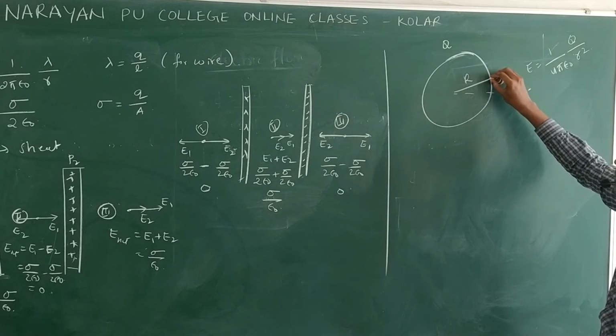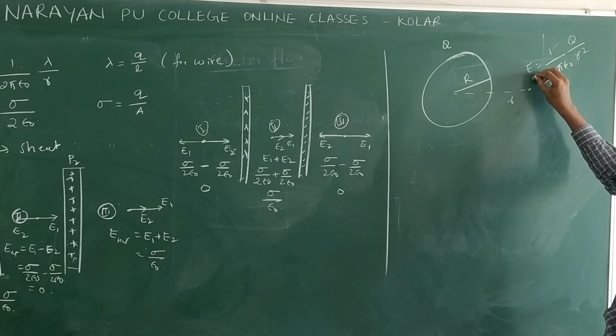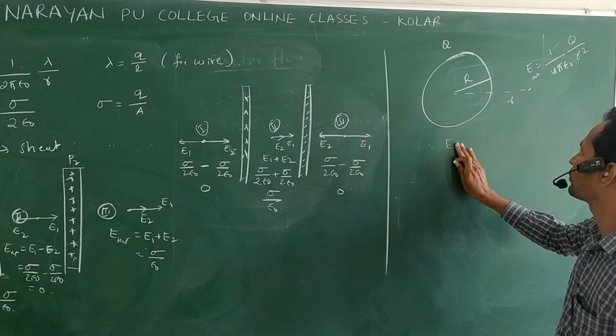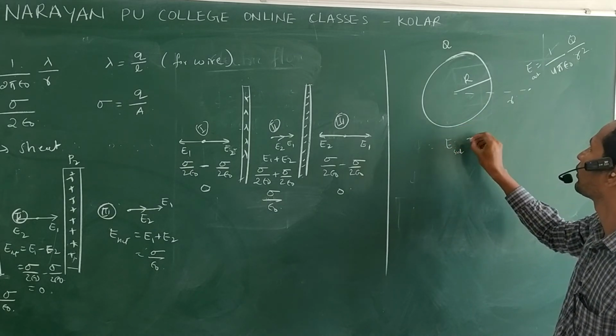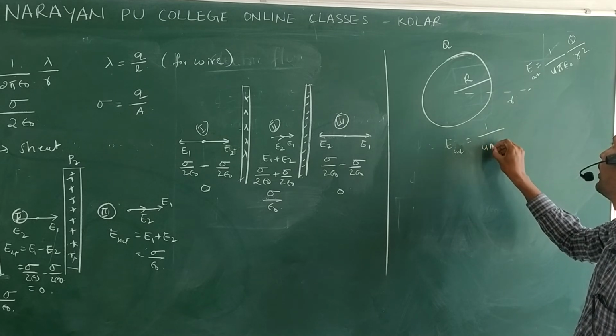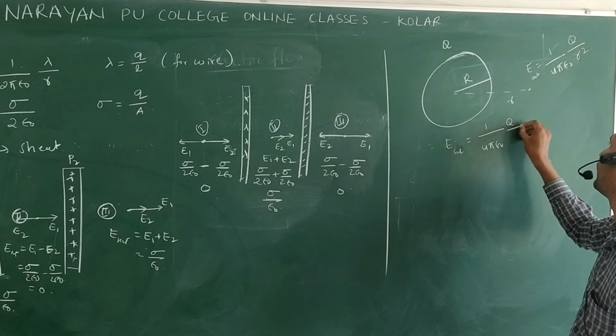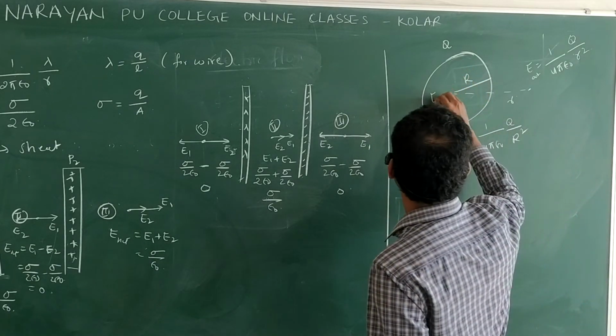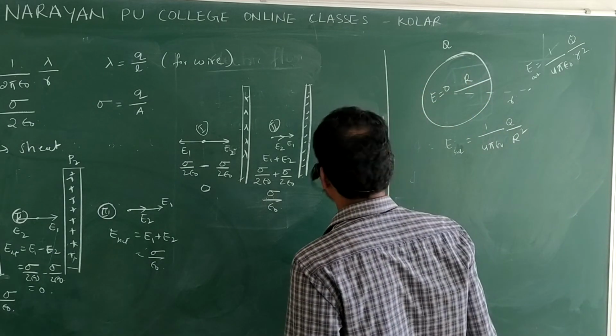If they ask on the surface, in that case also 1 by 4 pi epsilon naught q by R square. If they ask inside, the electric field is 0.